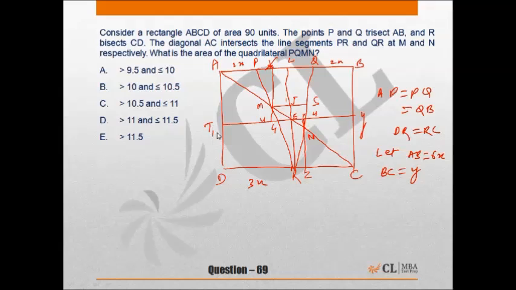Here T1 T2 is a line parallel to AB and it bisects AD and BC, and LR is the line which again bisects AB and DC.